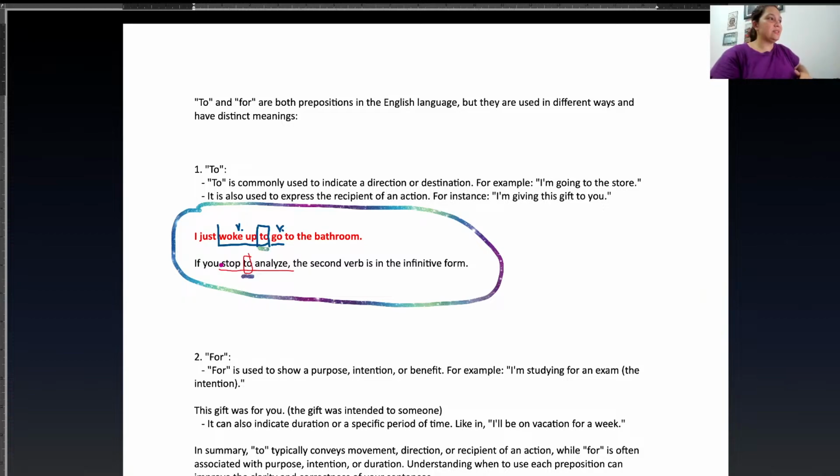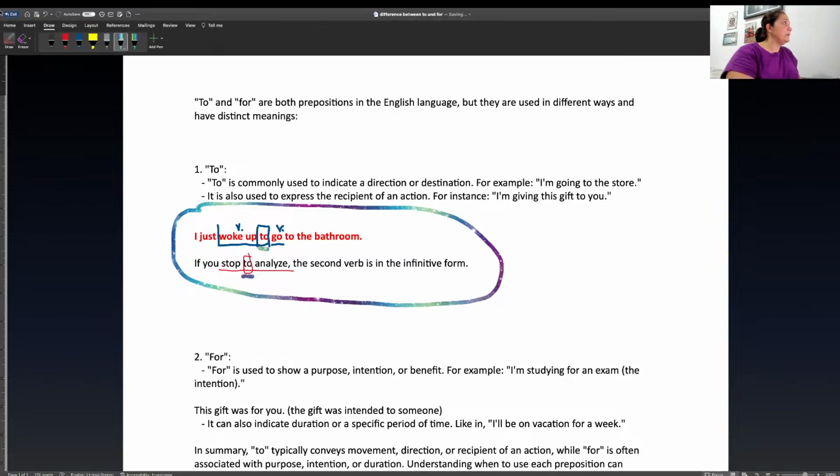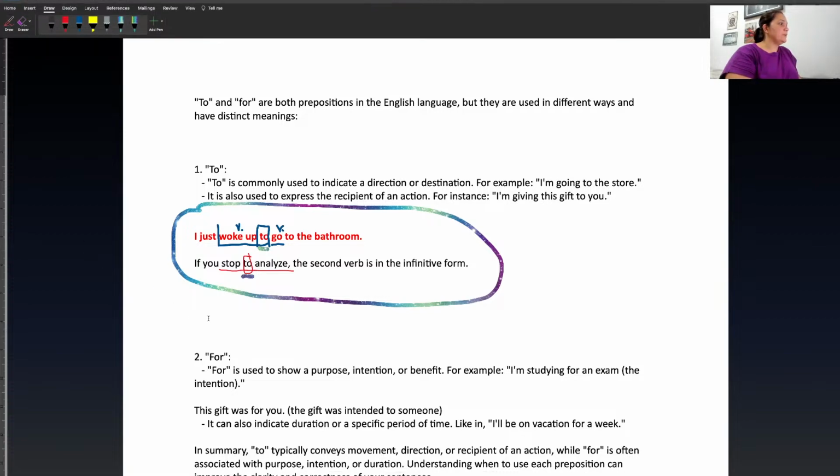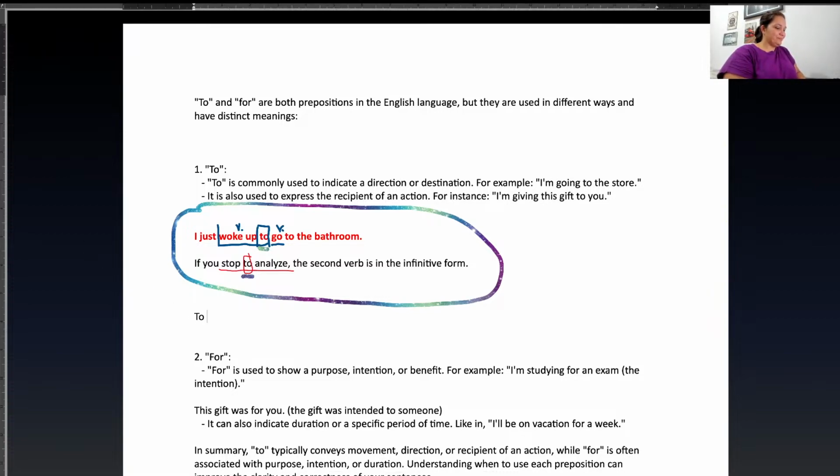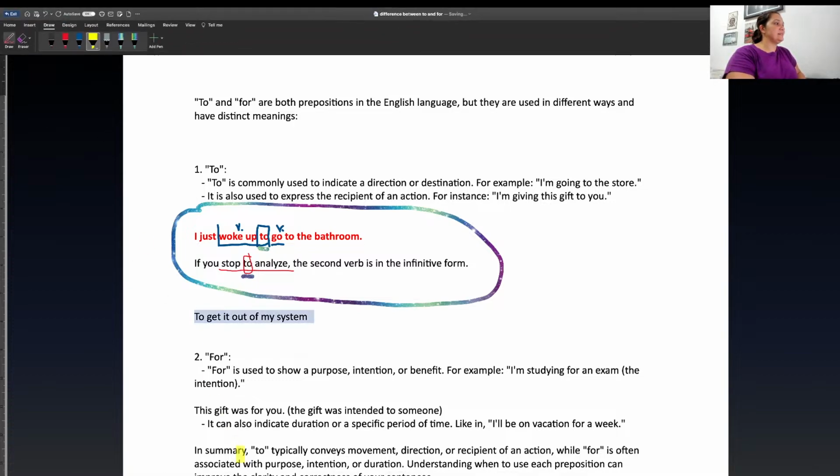Okay, I'm going to type it down here for people who is following me on YouTube. To get it out of my system. So what does this mean, to get out of my system?